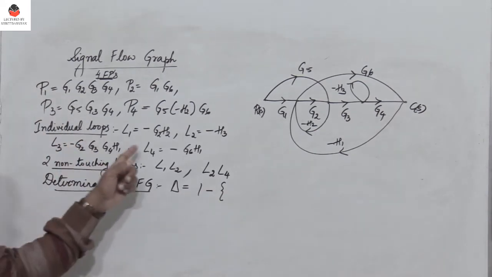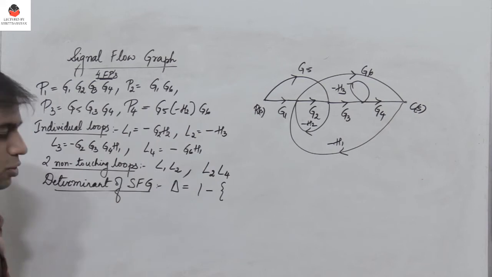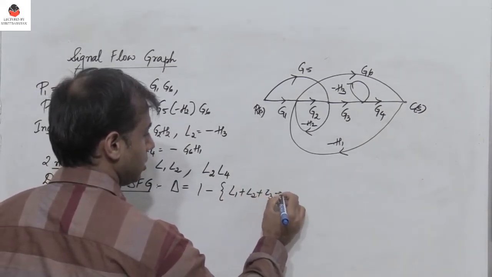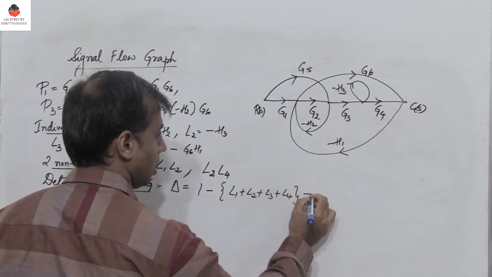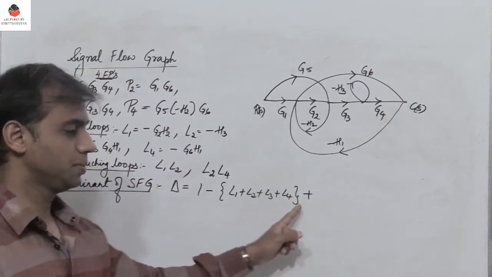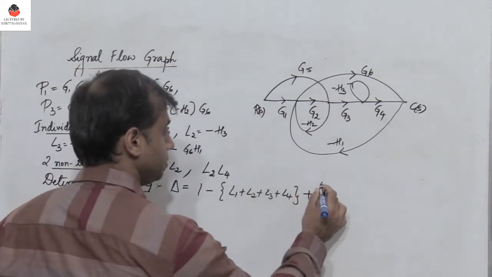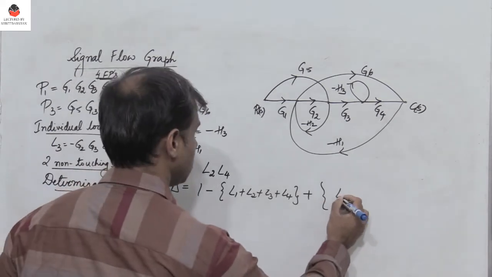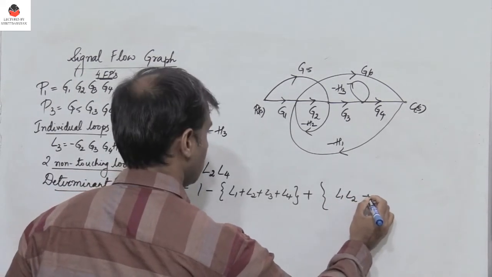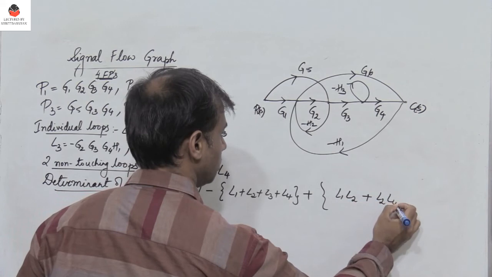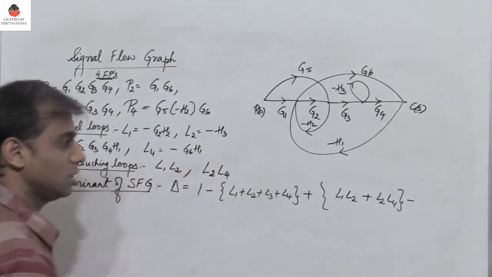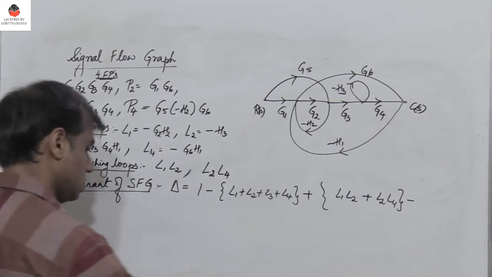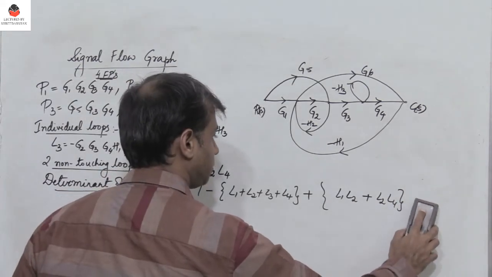So that's going to be L1 plus L2 plus L3 plus L4, plus, as the sign alternates, the product of two non-touching loops. So this is L1 L2 plus L2 L4, minus three non-touching loops. There are no three non-touching loops here, so that does not arise. So this stops here itself.